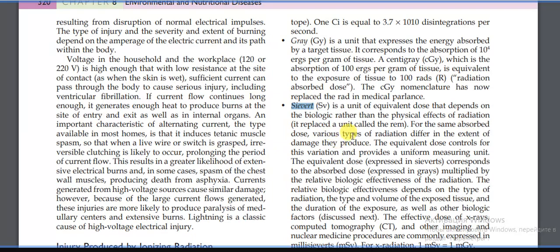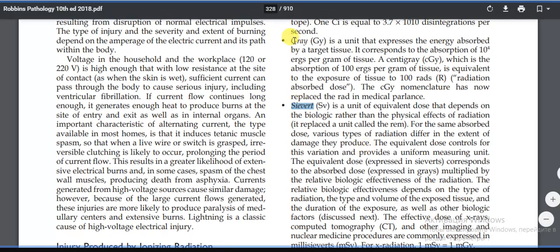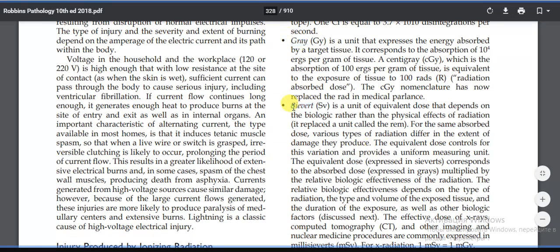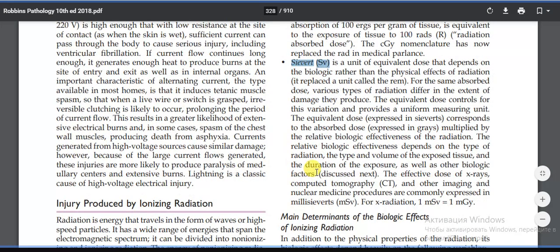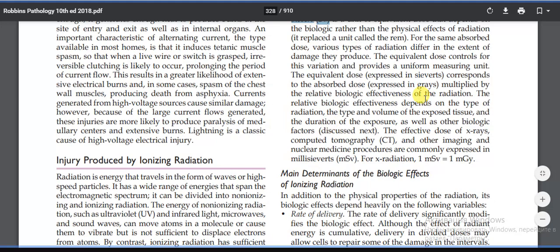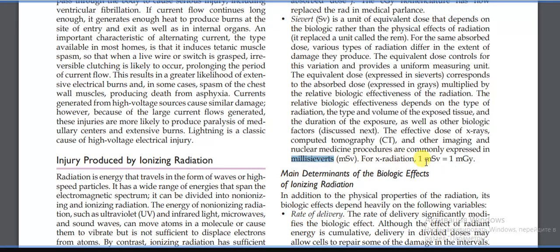So there is a lot of correlation between gray and sievert, but the sievert is more related to biological tissue. The effective dose of X-rays, computed tomography, and other imaging and nuclear medicine procedures is commonly expressed in millisieverts. So millisieverts, you see, is a very low level of damage. And for X-radiation, 1 millisievert equals 1 milligray.